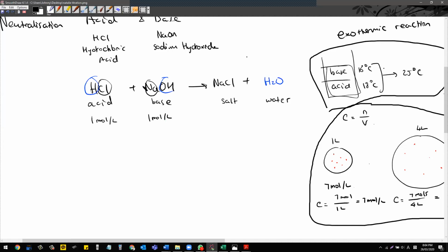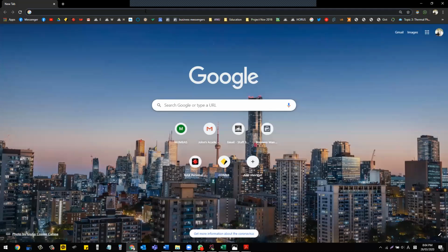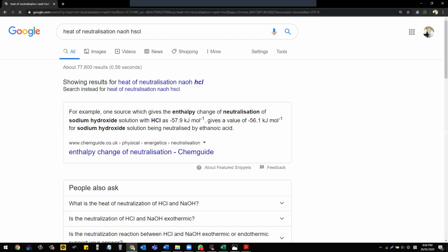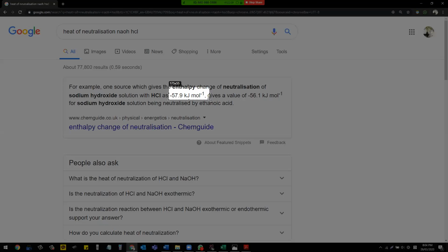So this reaction here is given by delta H. If you look up the heat of neutralization of NaOH and HCl, it says it's about negative 57.9.